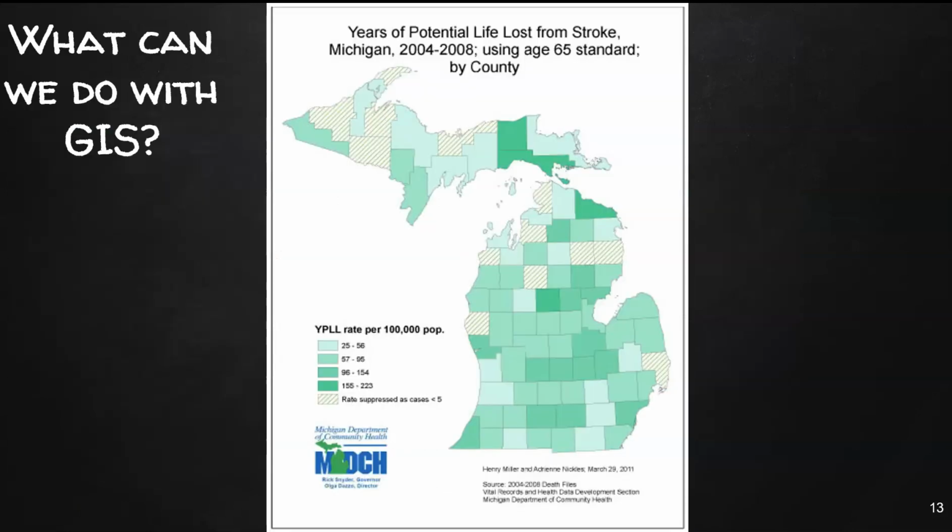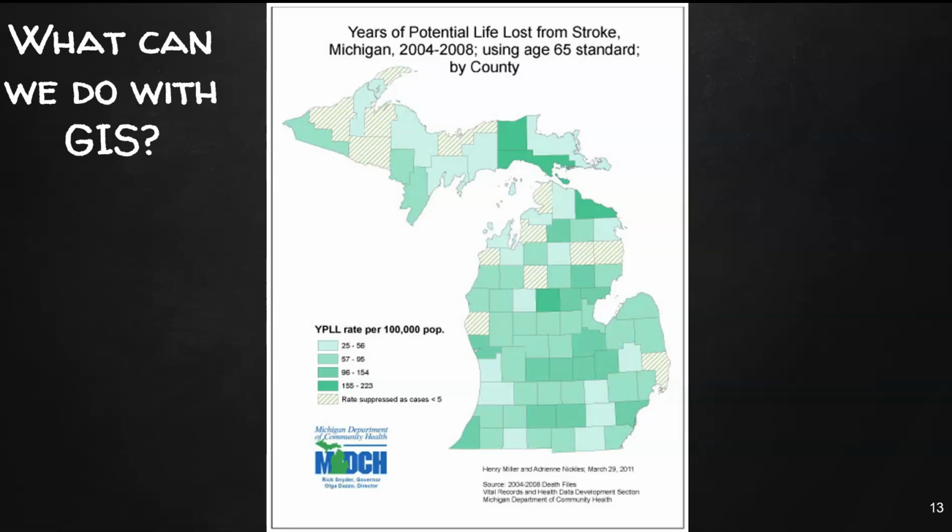Here's another one: years of potential life lost from stroke in Michigan between 2004 and 2008, using age 65 standardized by county. So what this is saying is, let's just use one value here, 25.